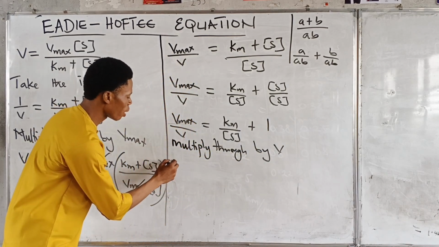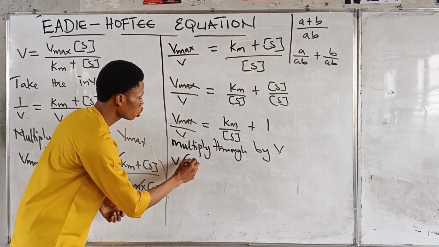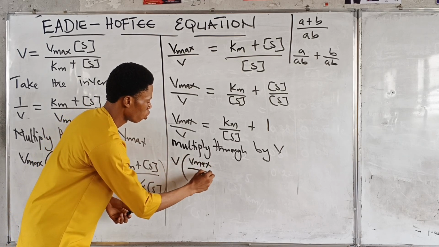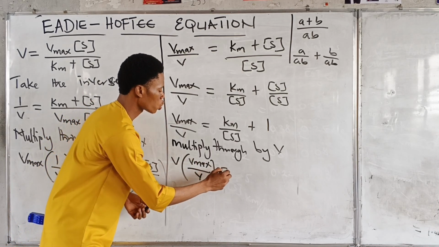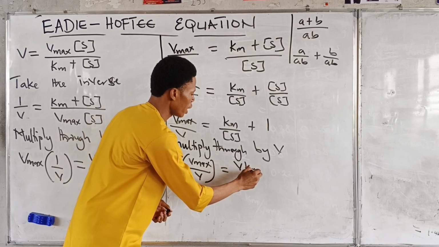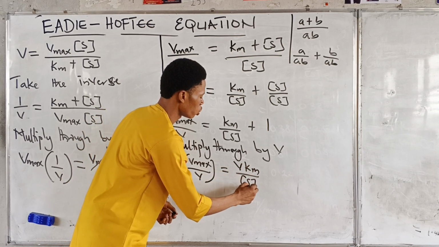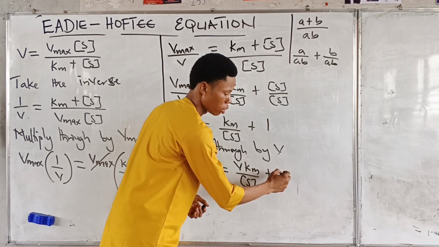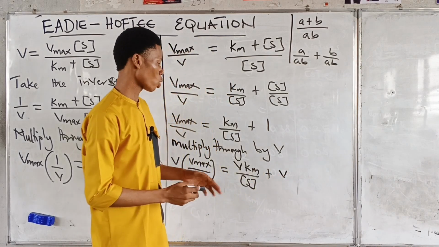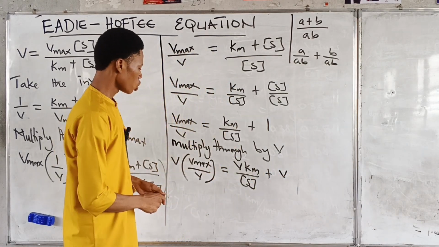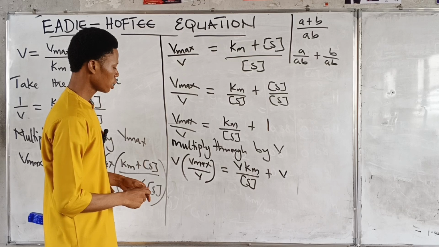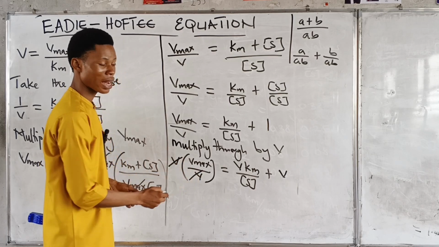So if you multiply through by v, we'll be having v into Vmax over v equal to v Km over substrate concentration plus what will be here? V, right? Because we are multiplying through by v. So if that is the case, this v can cancel this v, right?